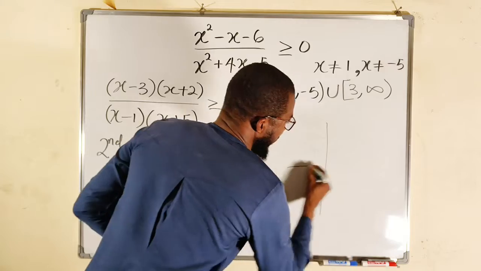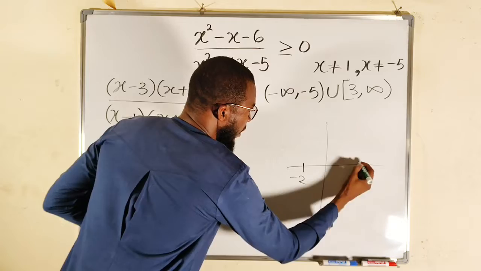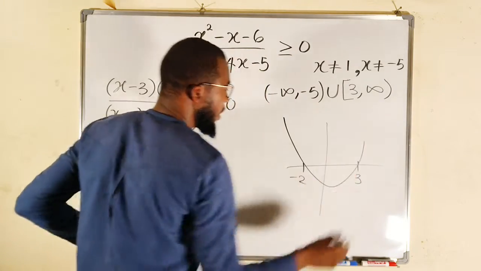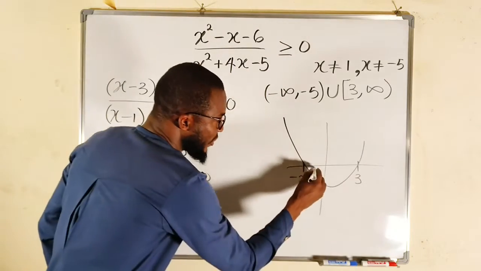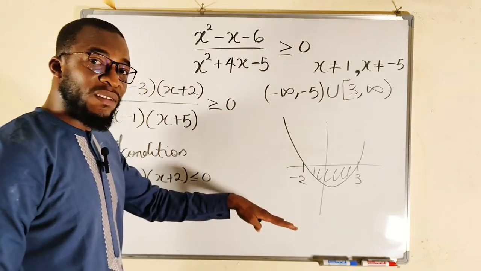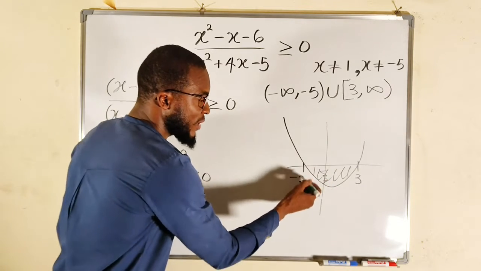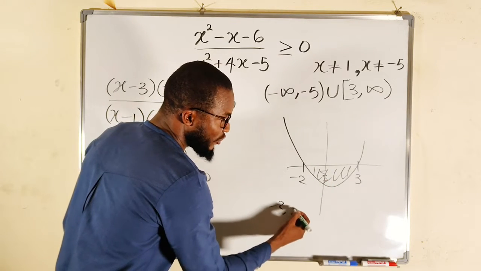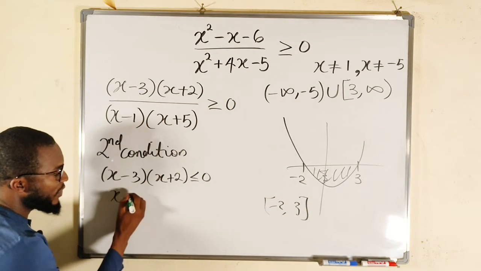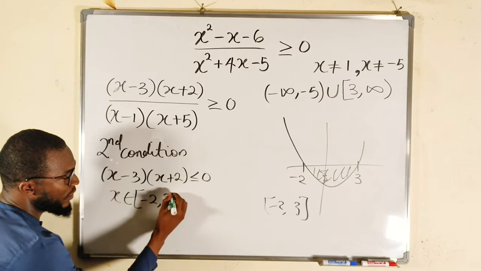So we have something like this. -2 is here. Then we have +3. And you know it is an open up parabola. Talking about less than, we only have solutions here. Less than, values that are what? Less than 0, they are all negative. So this is where we have the negative y-axis, right? So we expect our solution to be from -2 down to +3. So this is the solution. X belongs to the values from -2 down to 3.